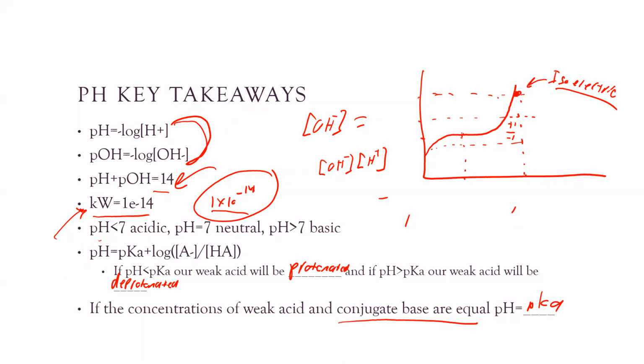And then what's this point here? This is your pKa, right? So as we can see here, by the Henderson-Hasselbalch equation, I'm probably saying it totally wrong, if these are equal, what's this concentration?